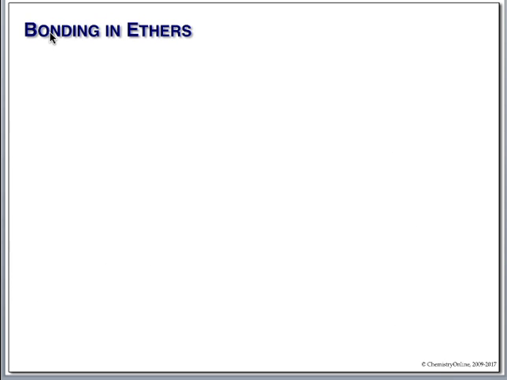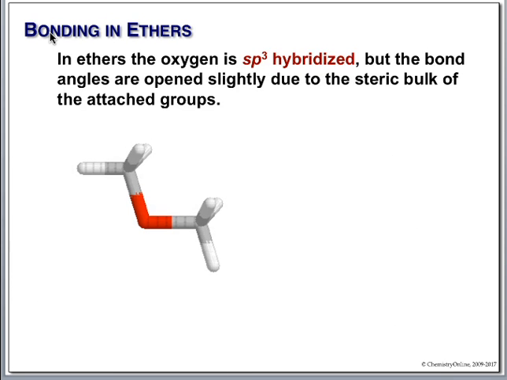All right, ethers in general. We have an oxygen in the middle and we have two carbon groups on both sides. The bond angle here isn't quite the tetrahedral angle. It's spread out a bit because you have the two bulky groups. It's about 112 or so.